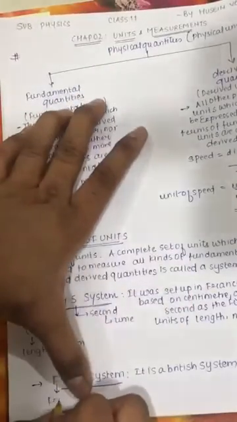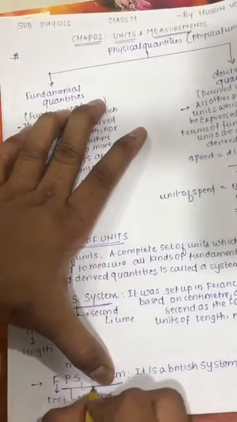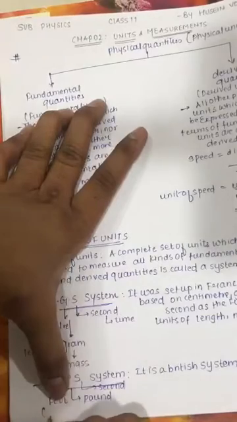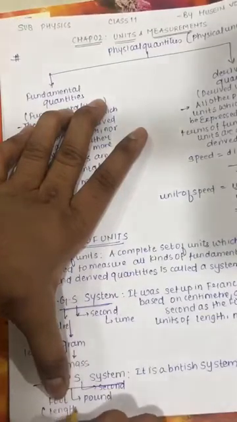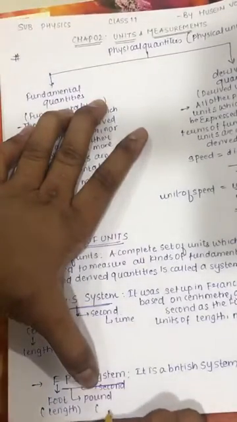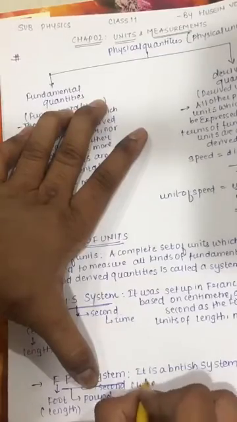Foot. P stands for pound, and S stands for second. Foot, fundamental unit of which quantity? Length. Pound, mass. Second, time.